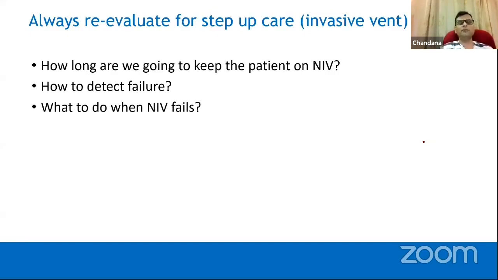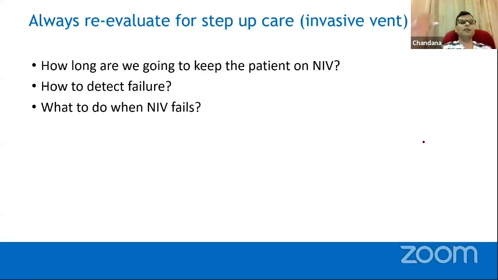So it's always better, especially if you use high pressures, to place an NG tube to deflate. You can have a certain degree of leak through the NG tube, but don't worry about that. It's not a very big leak unless you put a very big NG tube and a very loose face mask, but generally you can tighten a little bit.